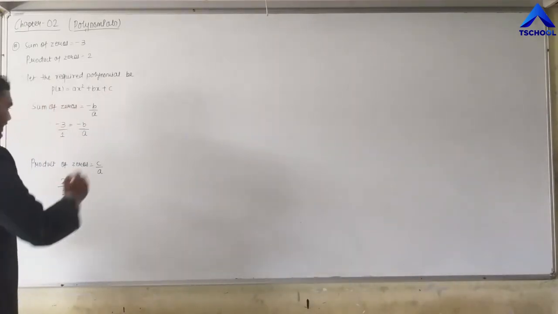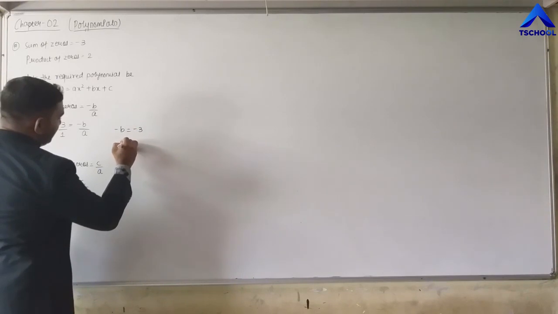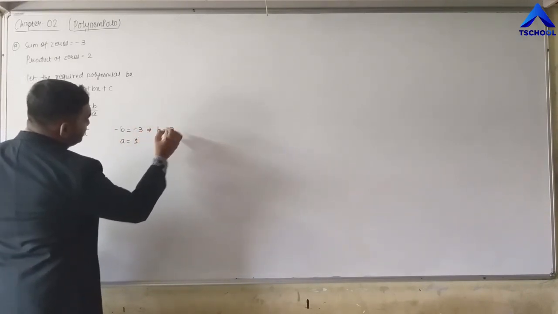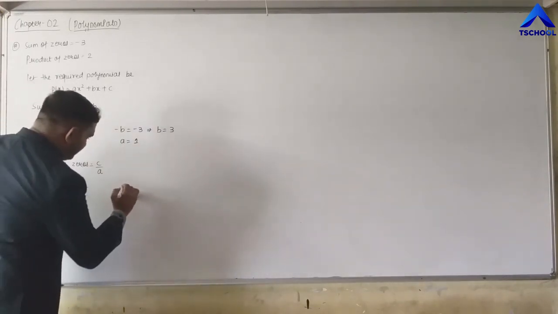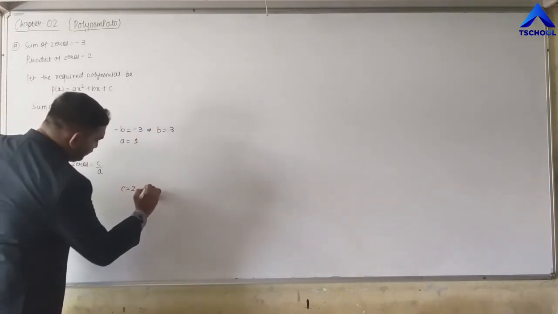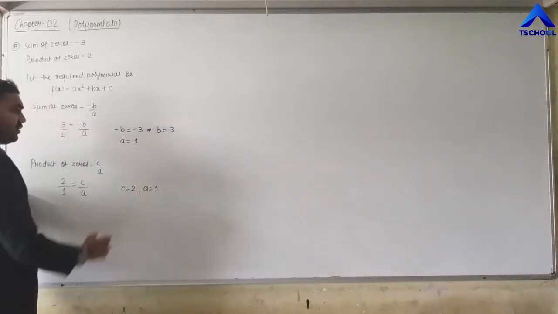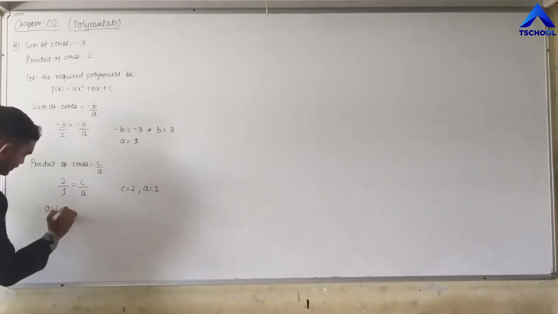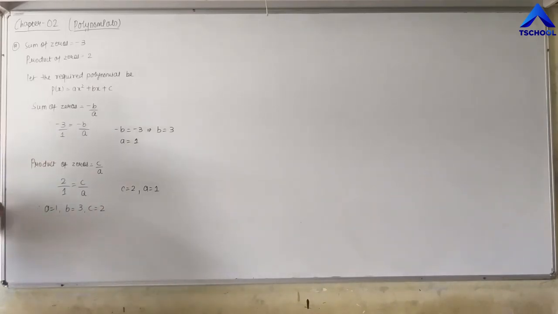So directly, minus b equals minus 3 and a equals 1, which you can write as b equals 3, cancelling out minus on both sides, and c equals 2 and a equals 1. So we got the values: a equals 1, b equals 3 and c equals 2.